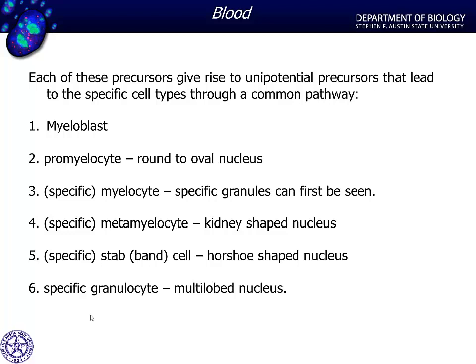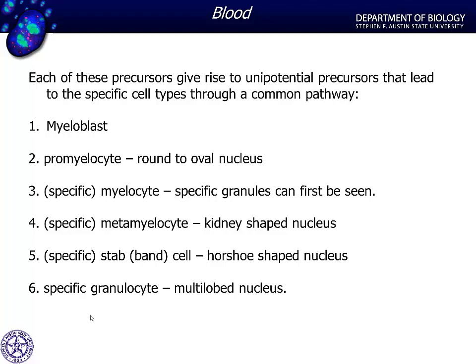Now the next step, again, as the cells continue to accumulate those specific granules and the nucleus really begins to change shape, this fourth step, the metamyelocyte, is when we begin to see a really indented, kidney-shaped nucleus. We'll have the specific granules, and we'll term them as such, now a neutrophilic metamyelocyte, and so on.